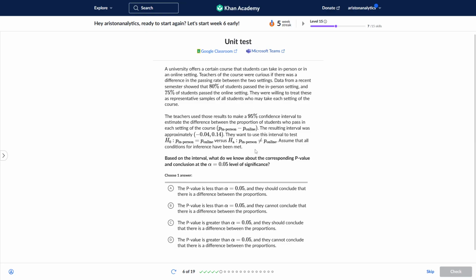Based on the interval, what do we know about the corresponding p-value and conclusion at the alpha 0.05 level of significance? Okay. So from the confidence interval, we need to look at the corresponding p-value.